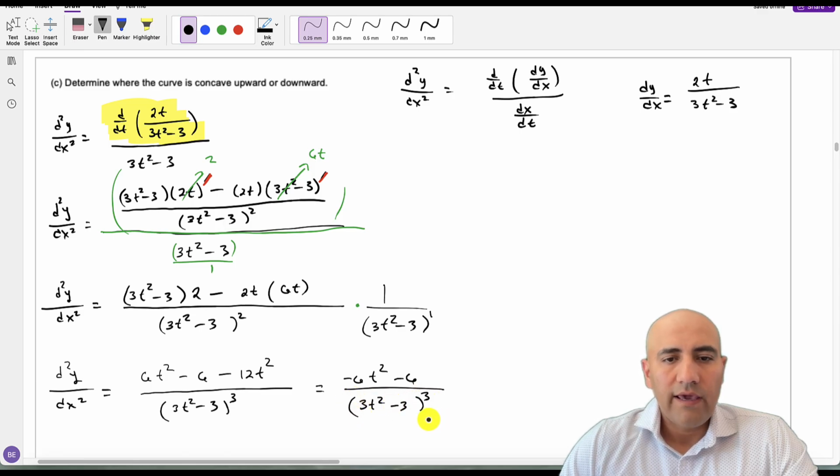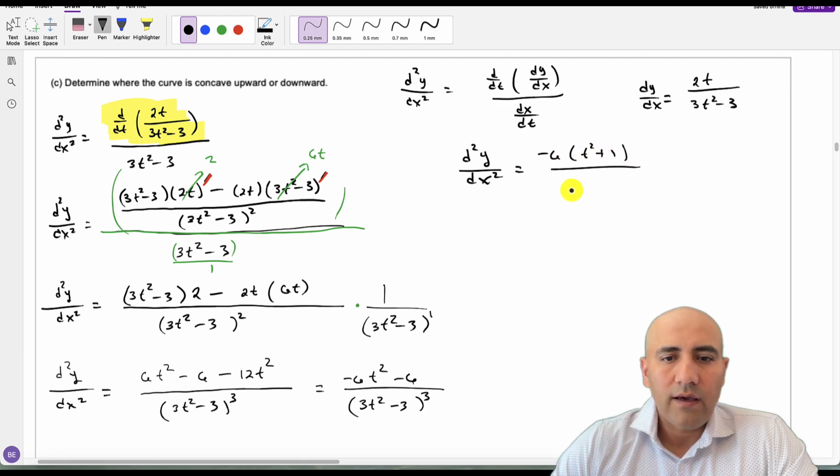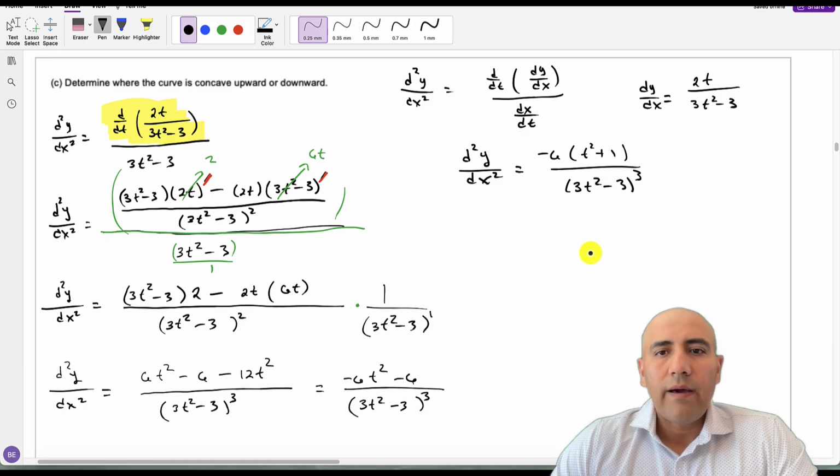And then of course I can factor out a minus 6 from the numerator, and that basically gives me my answer. I'll put it over here. The second derivative with respect to x becomes minus 6 times (t squared plus 1) divided by (3t squared minus 3) to the power 3.